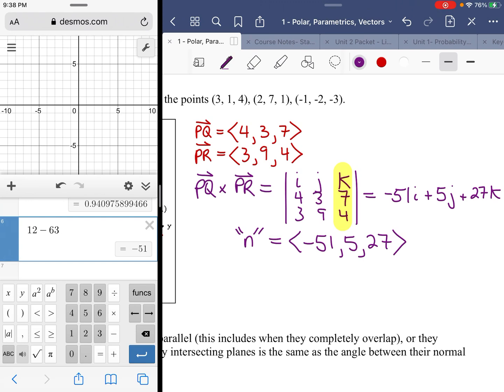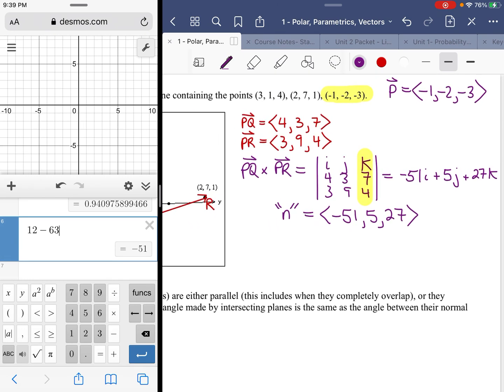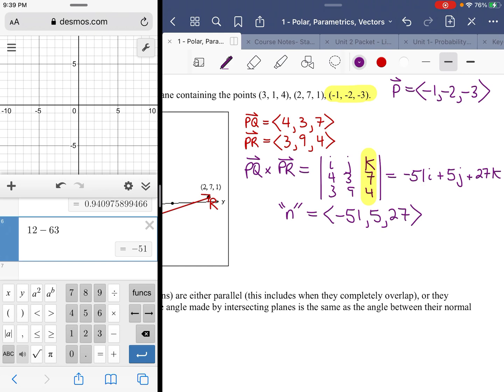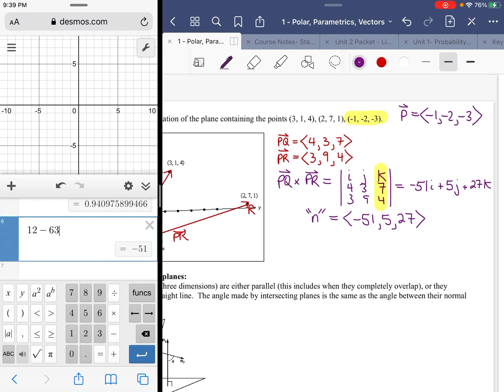I've already designated this one as P, so I'm going to go with that one as P, vector (-1, -2, -3). We're going to dot that against our normal vector.